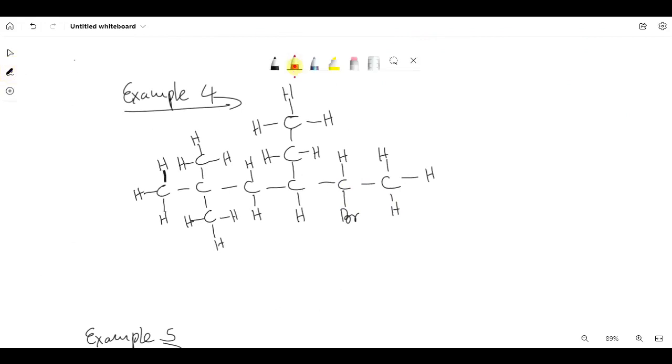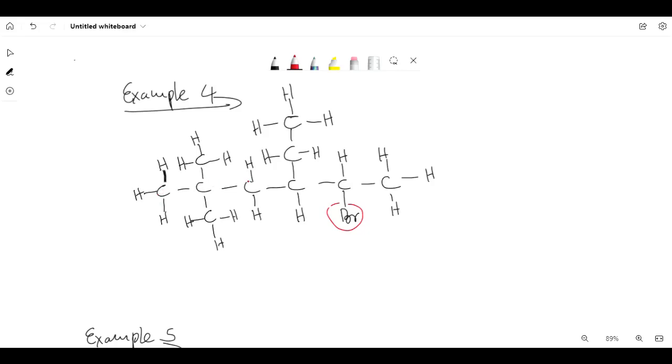Okay, here let's check. We have 2 methyl groups here. Before I can do anything, let's count our longest chain. 1 2 3 4 5 6. We have 1 halogen situated here, the Br, and then we have 2 methyl groups here.